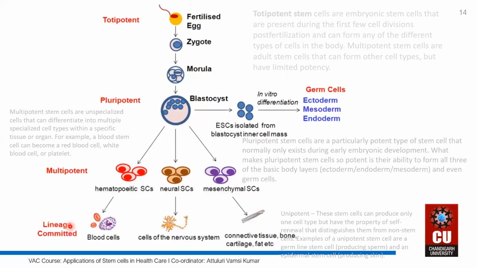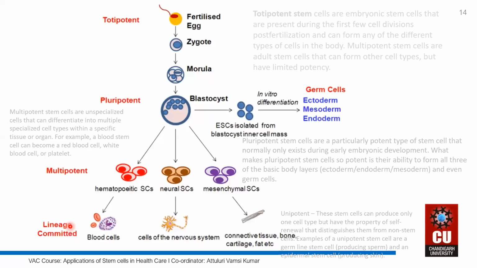In that condition, can I take someone else's bone marrow? I know that their bone marrow will have stem cells. Can I transplant their stem cells into my patient so that he can generate his blood cells? Yes, that is the idea behind these stem cells.